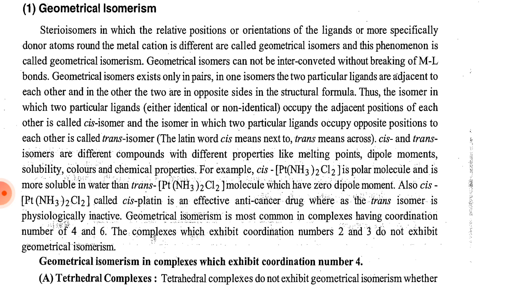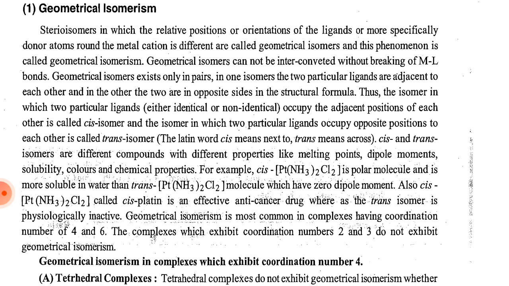Geometrical isomers exist only in pairs. In one isomer, two particular ligands are adjacent to each other, and in the other, the two are on opposite sides in the structural formula. Thus, the isomer in which two particular ligands, either identical or non-identical, occupy adjacent positions is called the cis isomer. So what is a cis isomer?